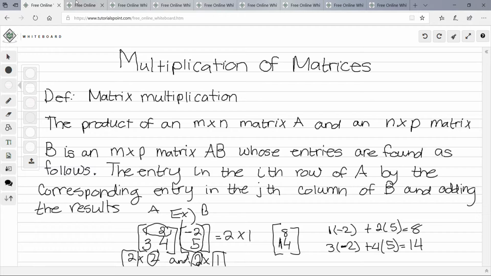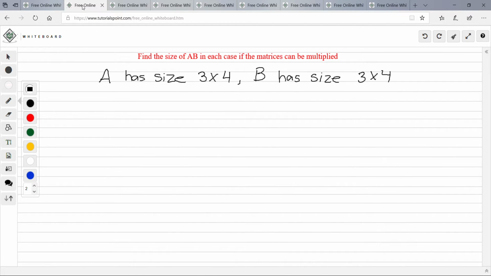Pretty self-explanatory. So it says find the size of AB in each case if the matrices can be multiplied. On number 9, matrix A is a 3 by 4, and matrix B is a 3 by 4.